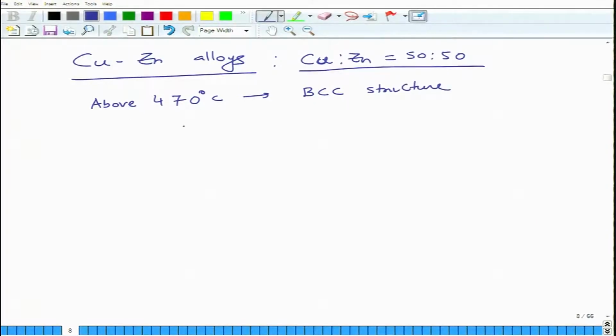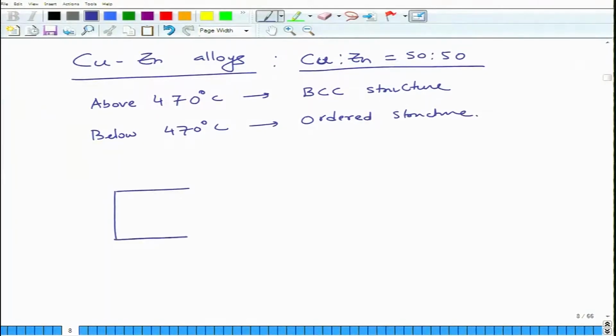You can see that the structure is not the same as copper or zinc, it makes a BCC structure, which is a disordered BCC structure. Below 470 degree centigrade, it makes an ordered structure. So, below 470 degree centigrade, it looks something like this.